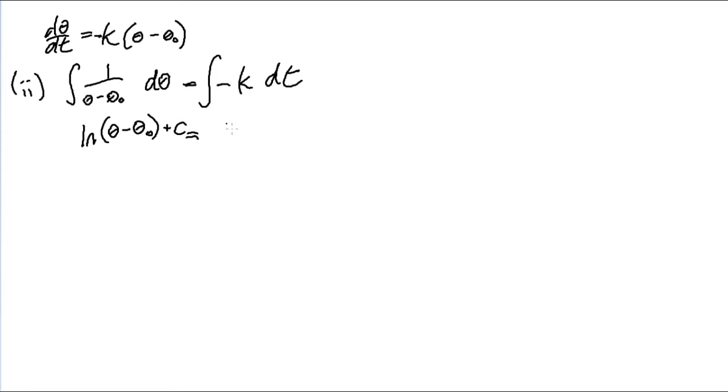And over here, if we integrate a constant, then you get a constant with a variable. So you get minus k t plus another constant c. Let's say this is c1 and c2. And because those constants are just a number, you can add them up together without finding them. And let's say that c equals c1 plus c2.